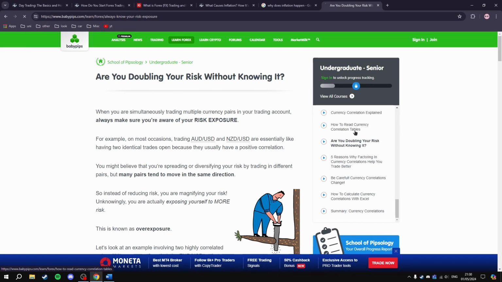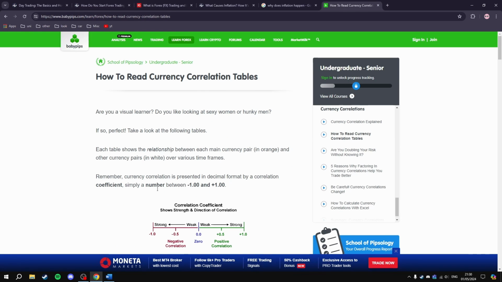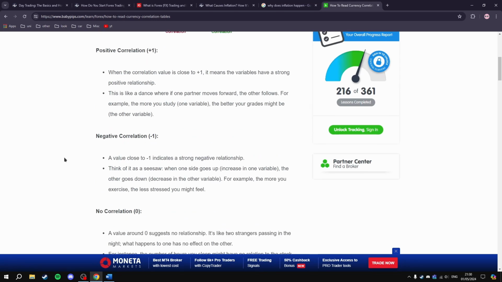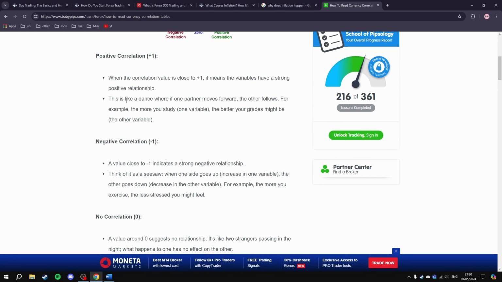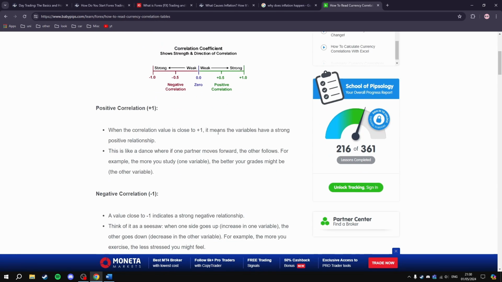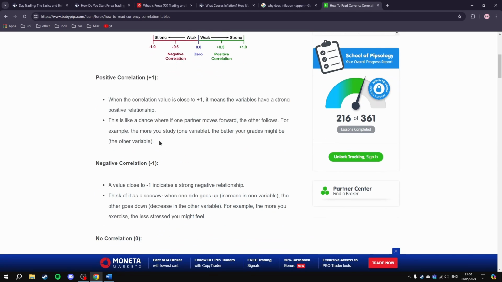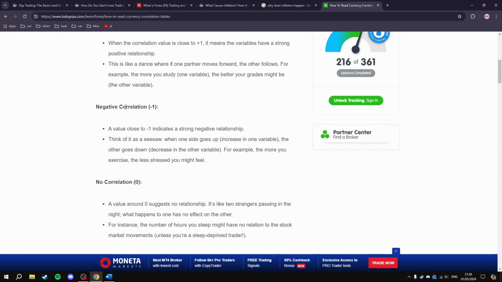So in the last episode we covered how to read currency correlation tables. We went through what the correlation coefficient means. A positive correlation of +1 means a strong positive relationship, meaning if one goes up, the other also goes up. A negative correlation of -1 means a strong negative relationship, so as one goes up, the other goes down, and vice versa.